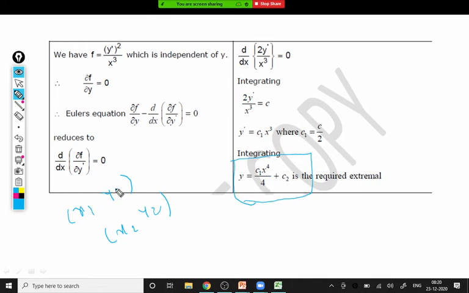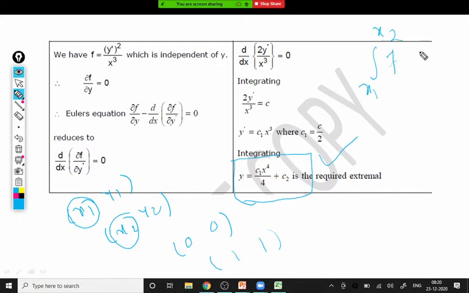Suppose particular limits are given, say passing through 0 0 and 1 1, then we can find the values of c1 and c2. Right now we got a general curve passing through any two points. These limits for the integral are these ordinates, x1 to x2, of f dx. So these limits are always given there.